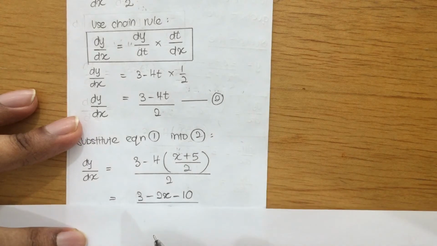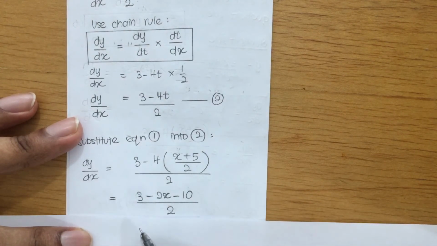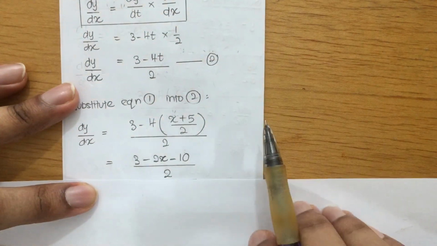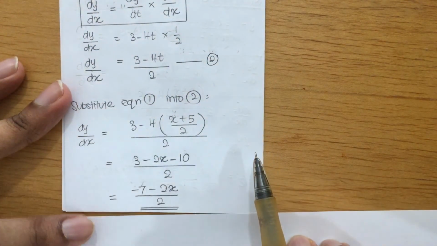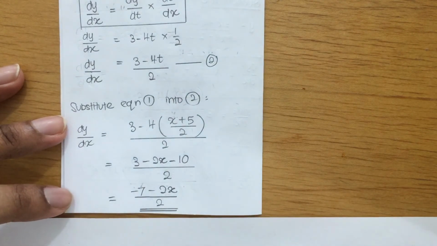You expand the bracket, and you should get (3 minus 2x minus 10) divided by 2. Then from here, you calculate, and you should get your final answer: (negative 7 minus 2x) divided by 2. So this will be your final answer, guys.